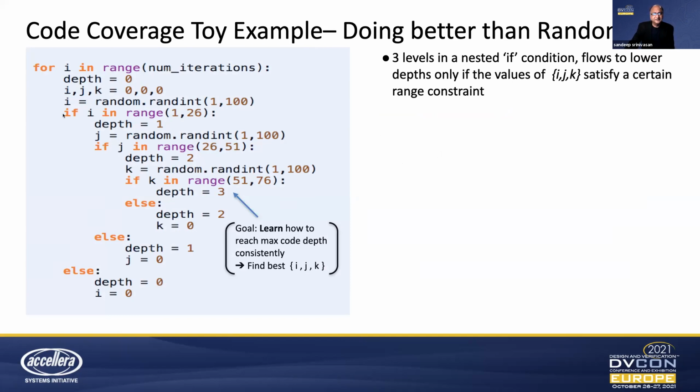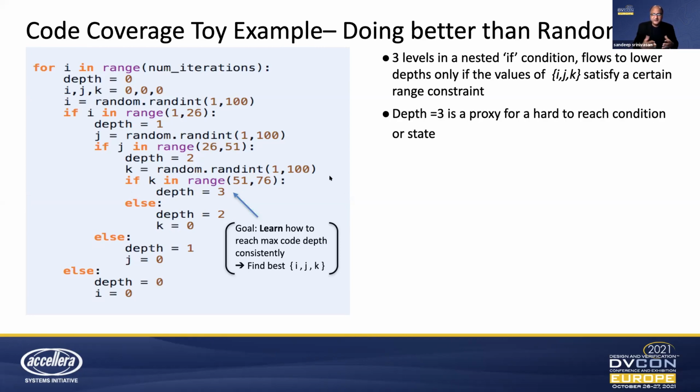So for instance, i needs to be in the range of 1 to 26, and if j is in the range of 26 to 51, and if k is in the range of 51 to 76, we reach this line of code, which is depth of 3.